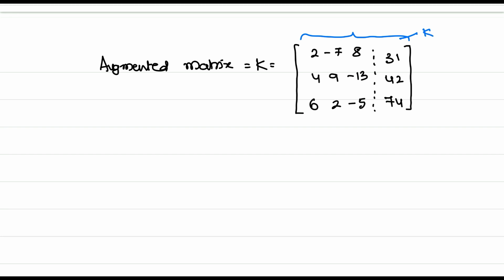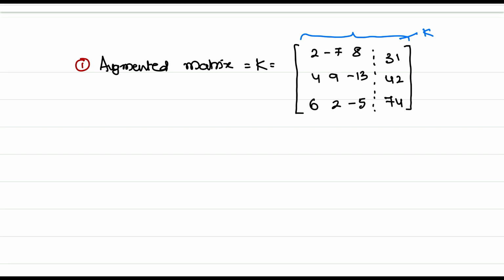Now, we will perform the elementary row and column operations. This is the first step. First, from the simultaneous equations, make the coefficient matrix, variable matrix, and then your constant matrix.